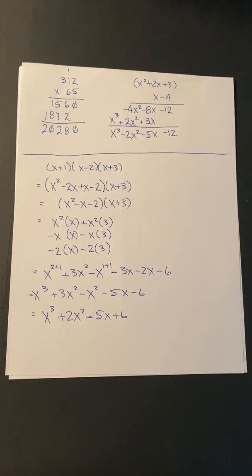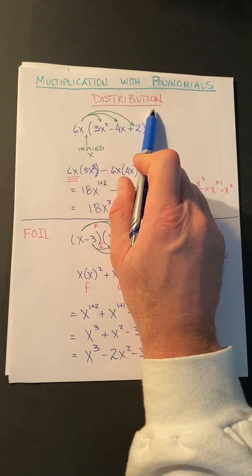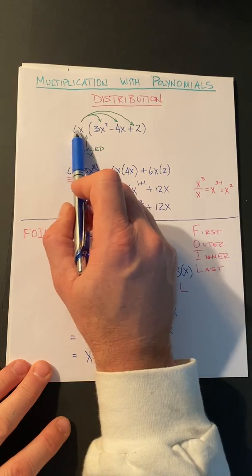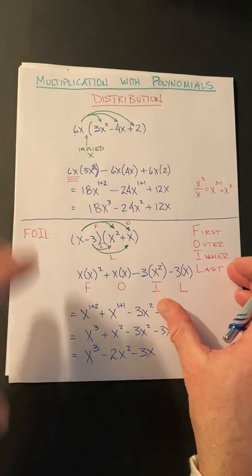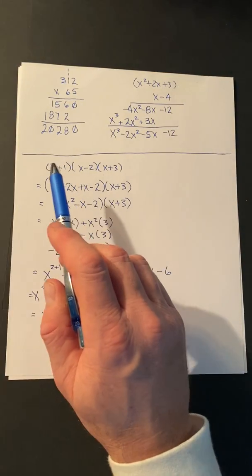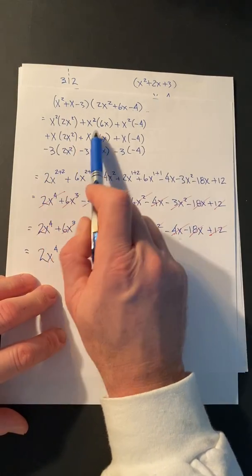So multiplication with polynomials, in summary, is really just what? It's just distribution, making sure everything in the first polynomial is multiplied by everything in the second polynomial. That's all we're doing when we do something like this, okay?